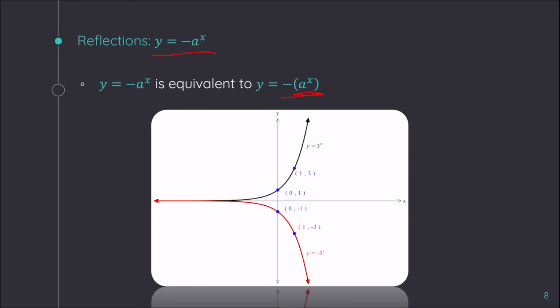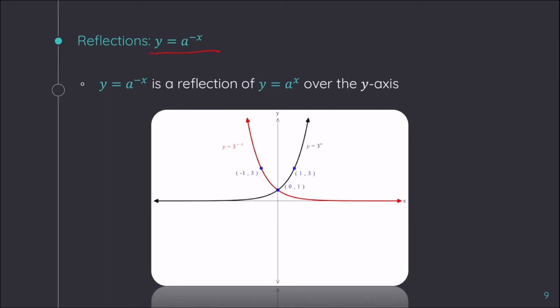Essentially what we're doing is we find a to the power of x and then flip it over the x-axis since it's the negative. So (0, 1) becomes (0, -1). (1, 3) becomes (1, -3). We're doing y equals 3 to the power of x. So we're just going to flip it across the x-axis.